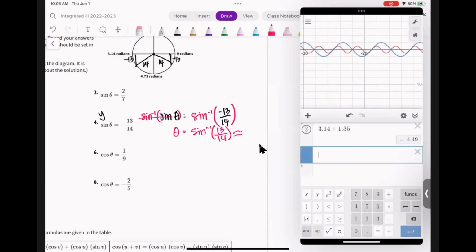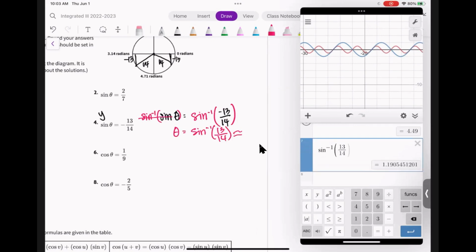So I get sine inverse of 13 over 14, and I get 1.19. Oh, I forgot my negative. That's why it didn't make sense to me. There. Negative 13. So now the answer is negative 1.19, which makes a lot more sense.